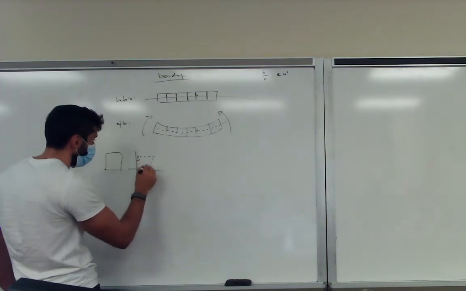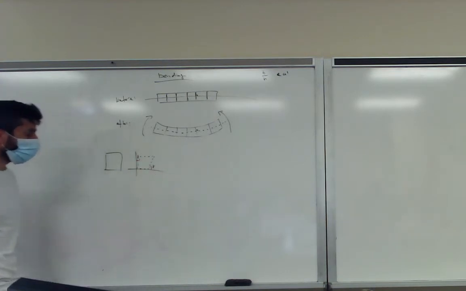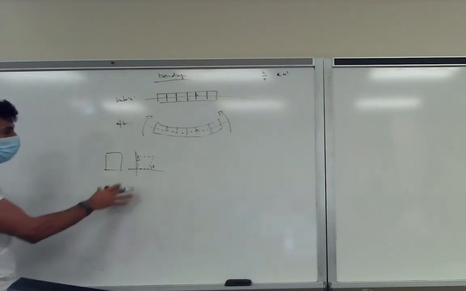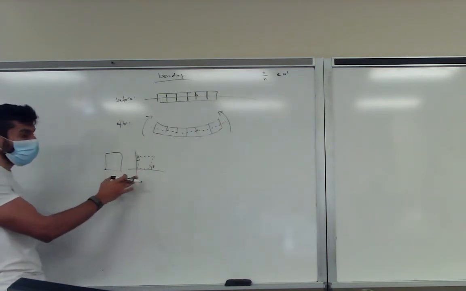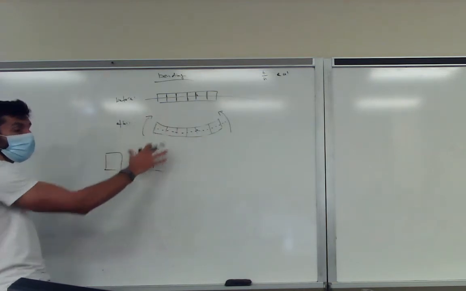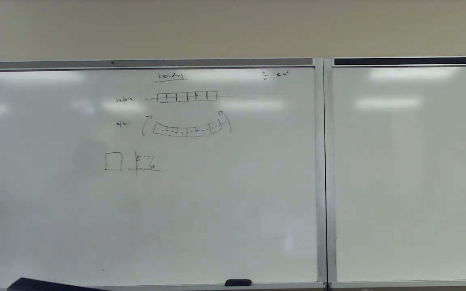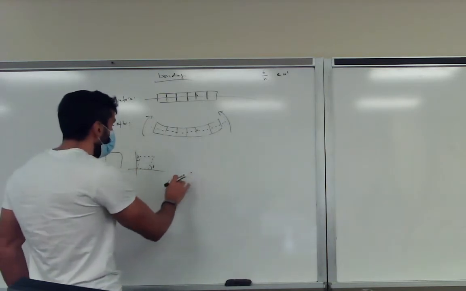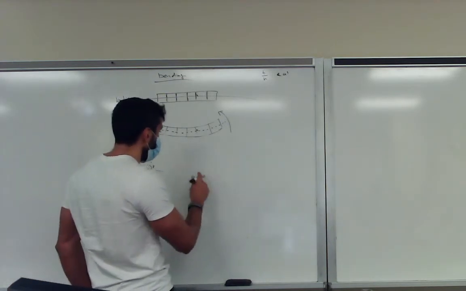And this is the shear angle. So it remains straight, but it's rotated a bit. So you're not ignoring shear deformations. And with that said, we can use a small angle approximation.